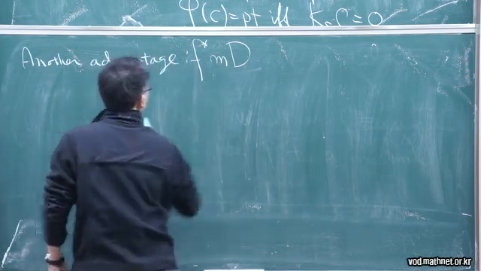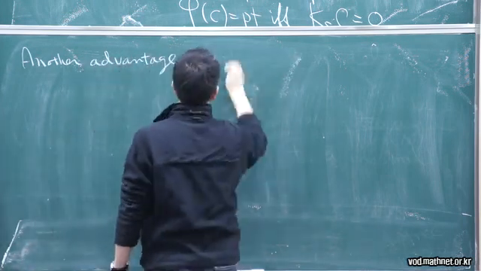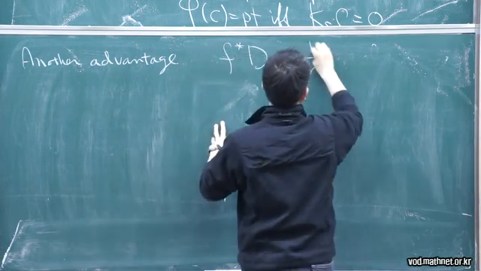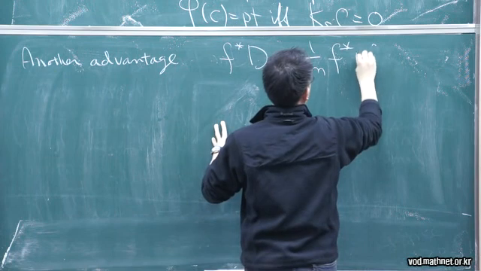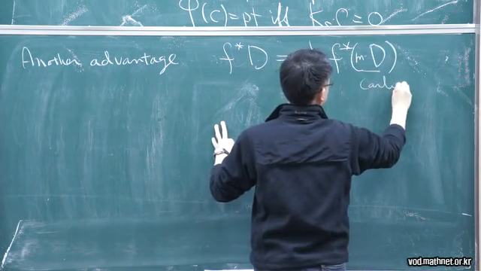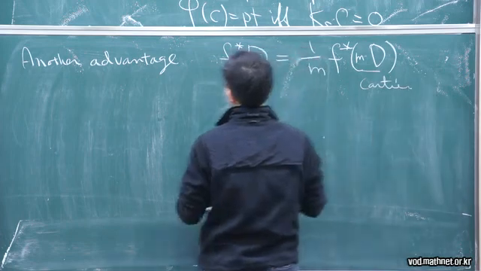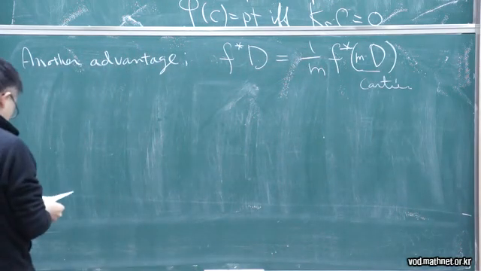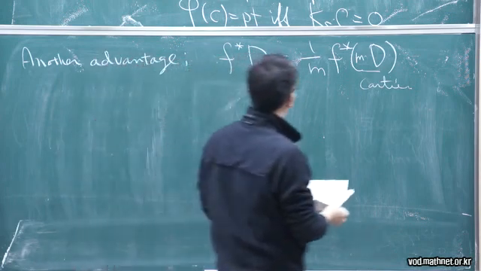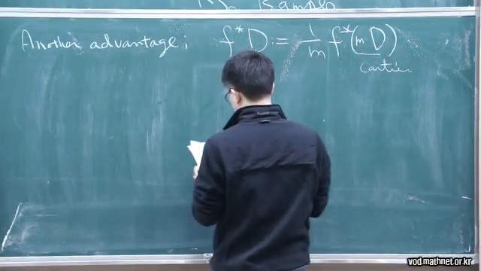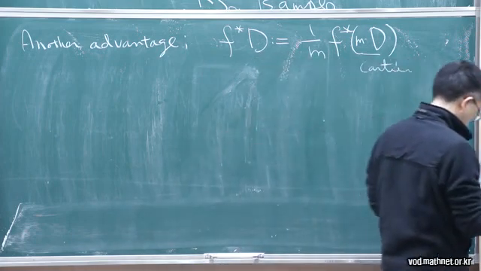So we define the pullback of D accordingly, so we can define pullbacks of any Weil divisors.